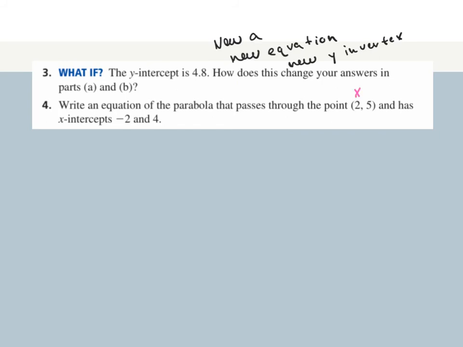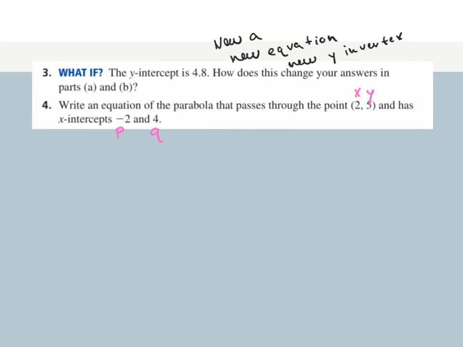Perfect. What's our y? 5. What's our p? -2. Awesome. And what's our q? 4. Perfect. Again, it doesn't matter which one we say is our p and which one's our q, because we'll end up getting the same thing.